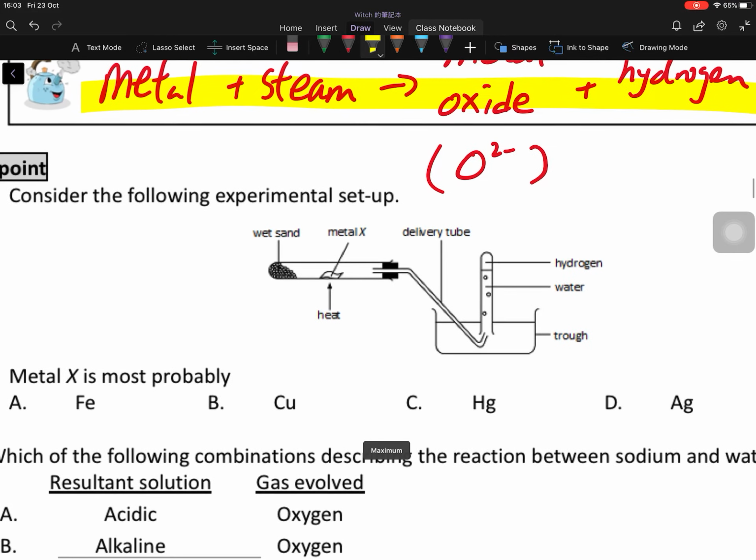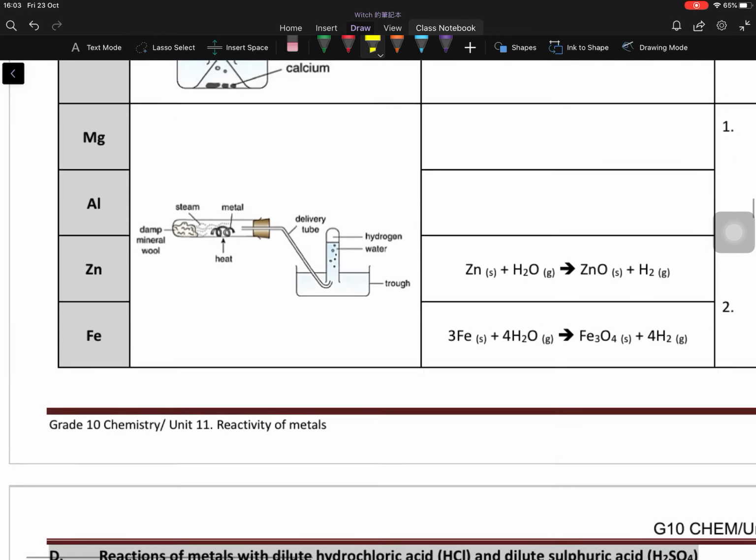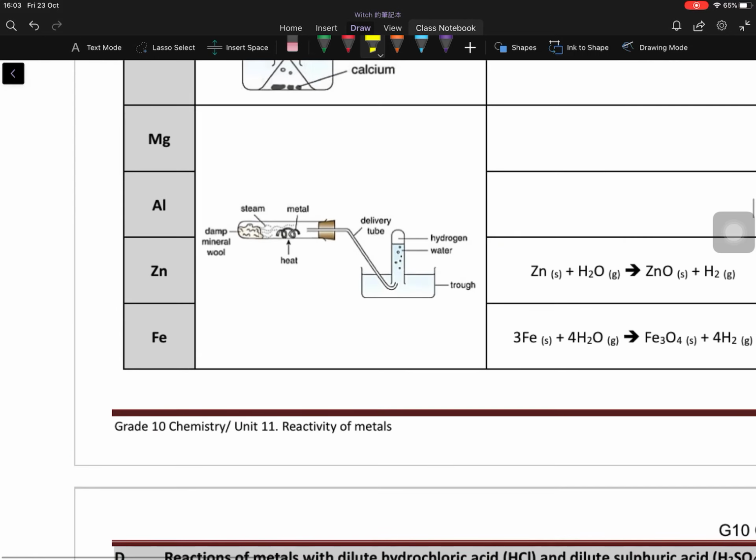And here we have pictures. The steam comes from the damp mineral wool. Sometimes they will use red sand instead. Red sand is no problem, but what is mineral wool? Now, wool is 羊毛.